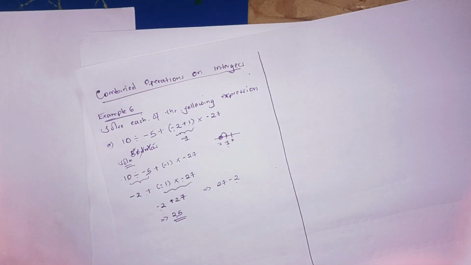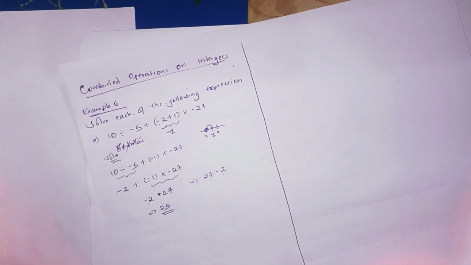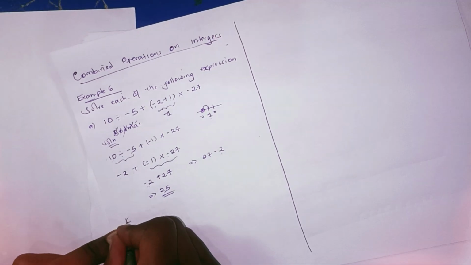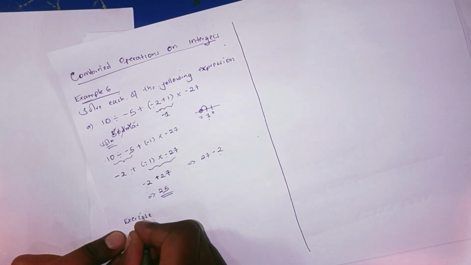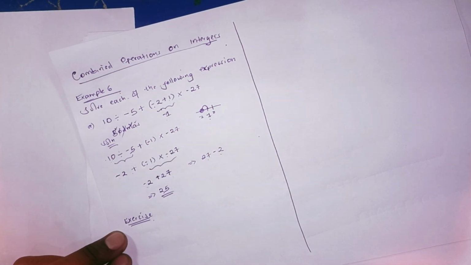So I'll leave you with an exercise. After doing that exercise, you just write your answer in the comment section, and then we see the way forward. If you have gotten the answer, then we will redo the question.